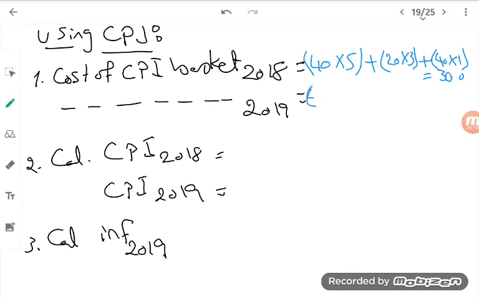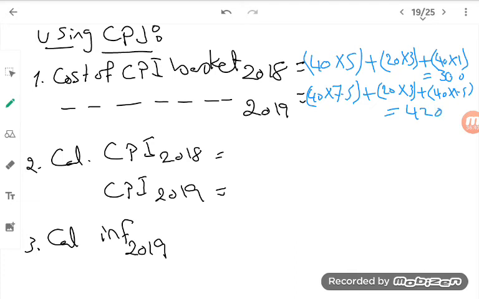So it's 40 multiplied by 7.5 plus 20 multiplied by 3 plus 40 multiplied by 1.5 equals 420.